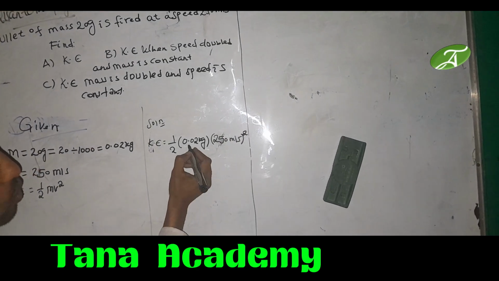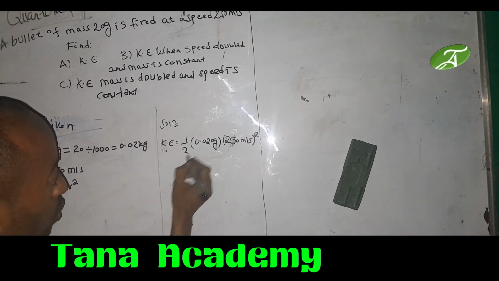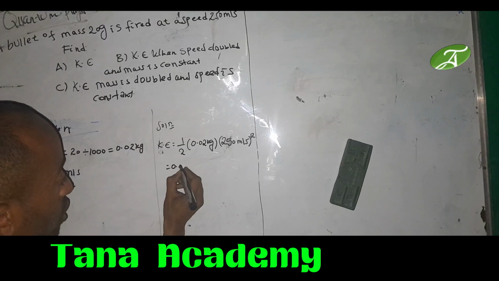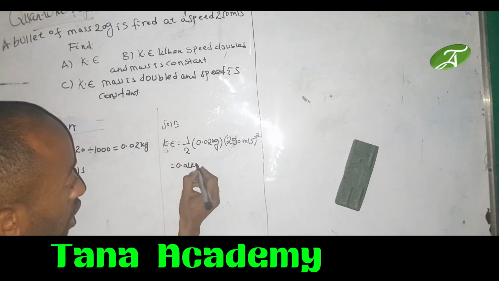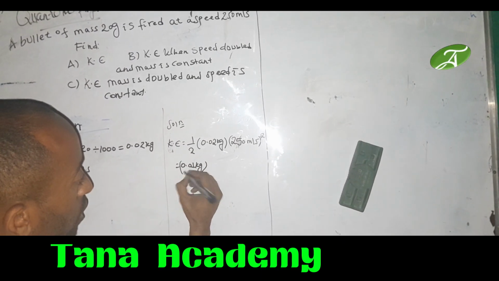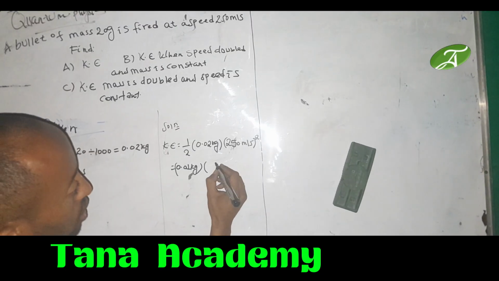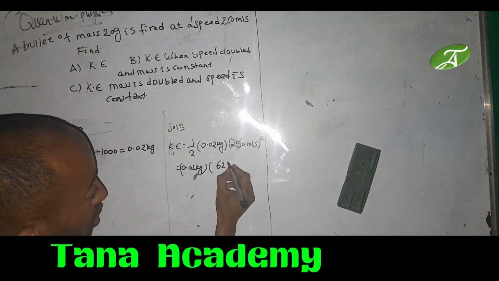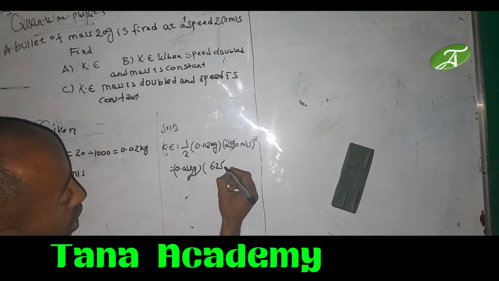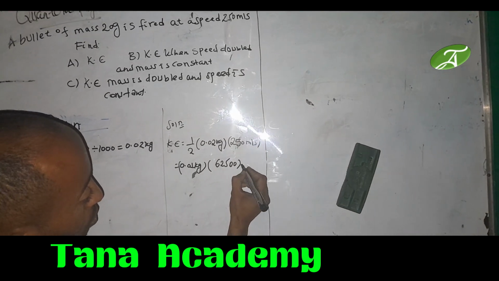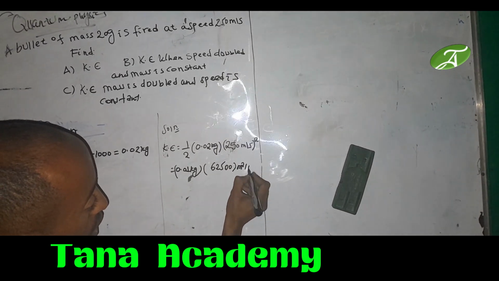And when you divide 0.02 kilogram by 2, it becomes 0.01 kilogram into 625 and 2 zeros meter square second square.